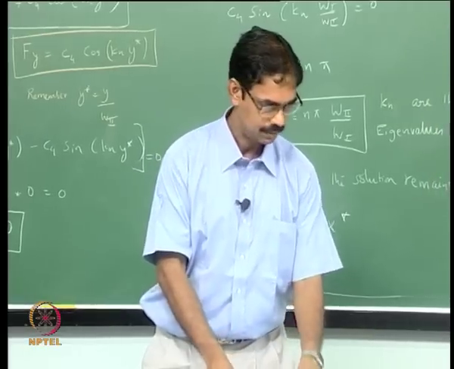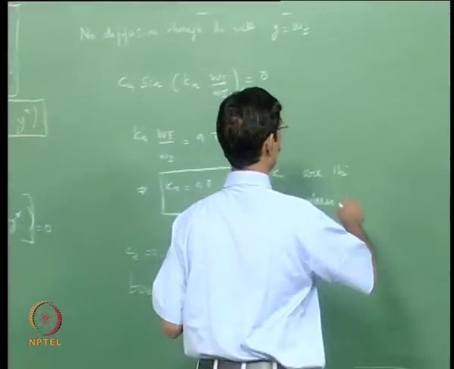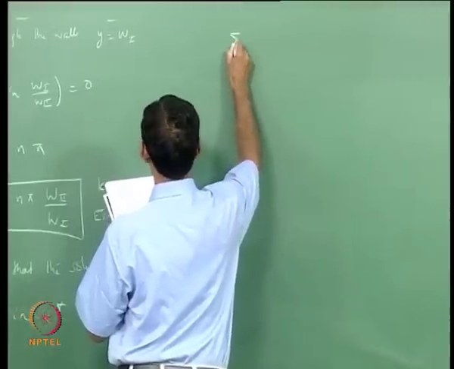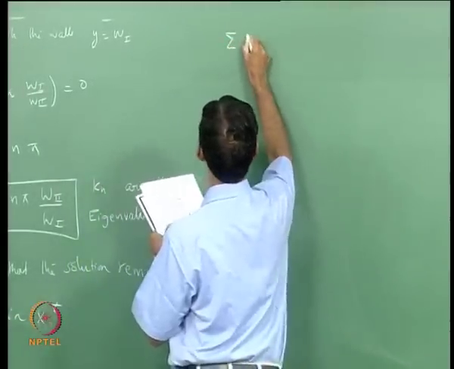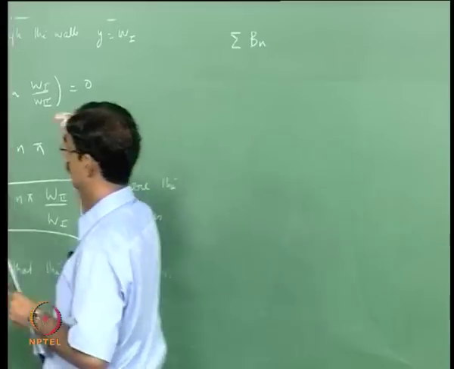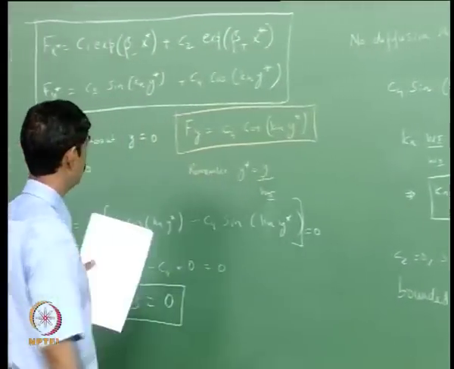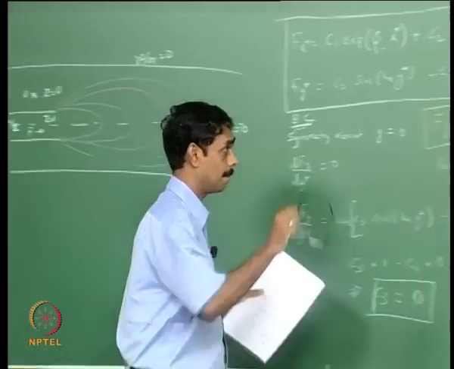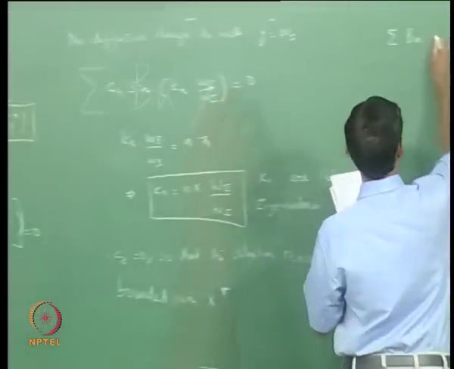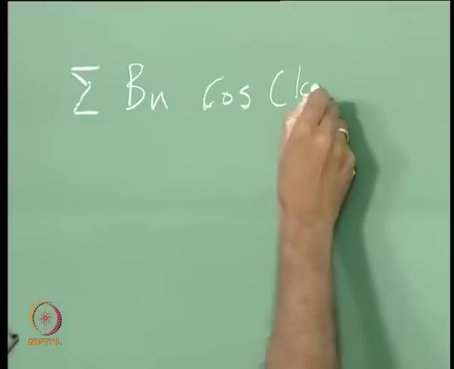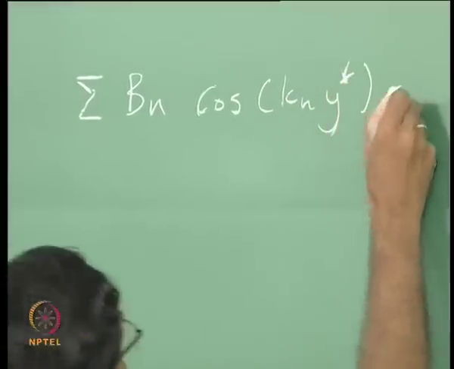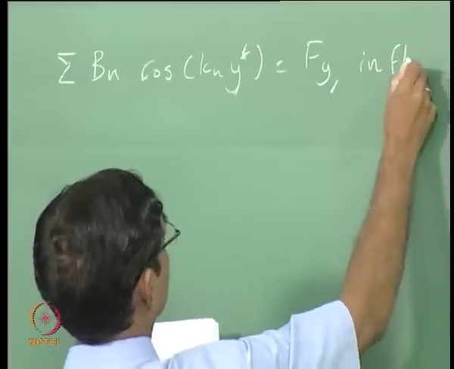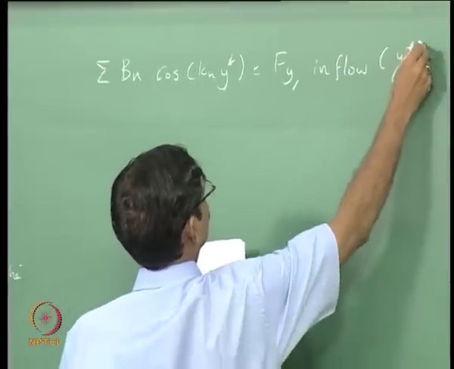So how do you do this? e power 0 would be 1, right? So we put our x equal to 0 here. So our solution is equal to f y, the inflow of y star.